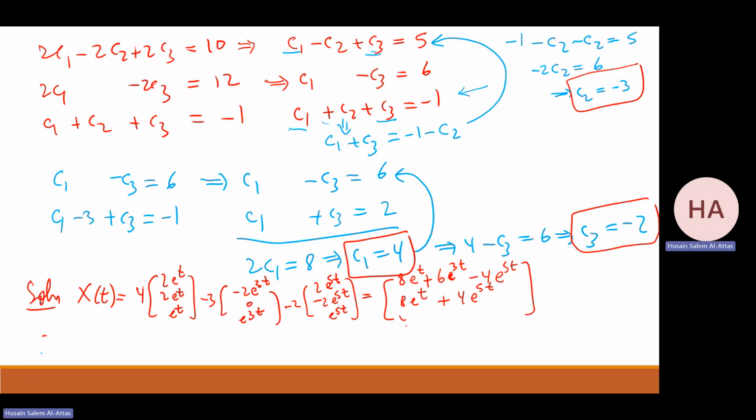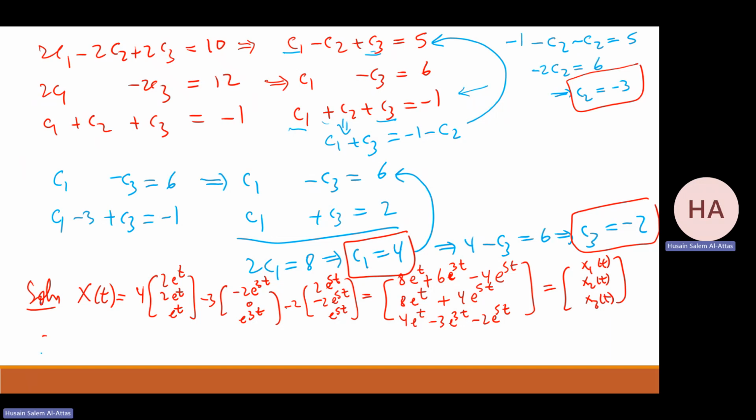And the last one, 4 e^t minus 3 e^3t minus 2 e^5t. And that, by the way, is x1 of t, x2 of t, x3 of t.